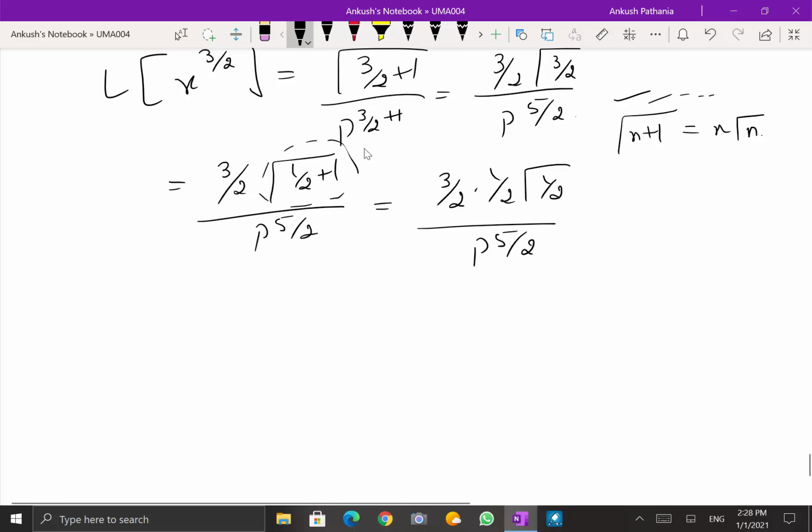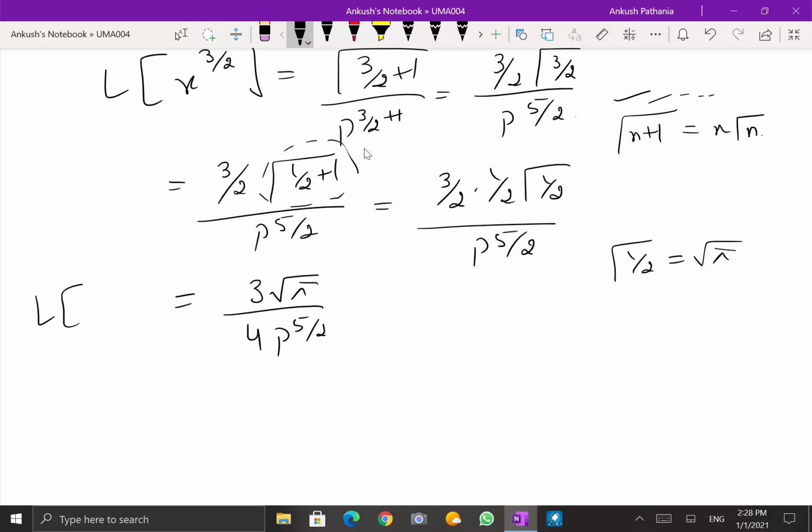You know that gamma 1 by 2 is equal to root pi. So this is 3 root pi upon 4 p raised to 5 by 2.